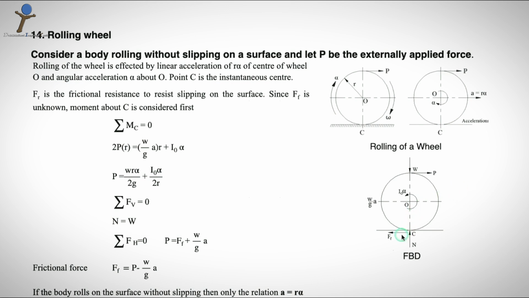Then the frictional force FF acts towards the left at the contact surface. Then your m r omega square, or otherwise W by g into A, is acting towards the left, and I alpha, that is the torque, acting at O.